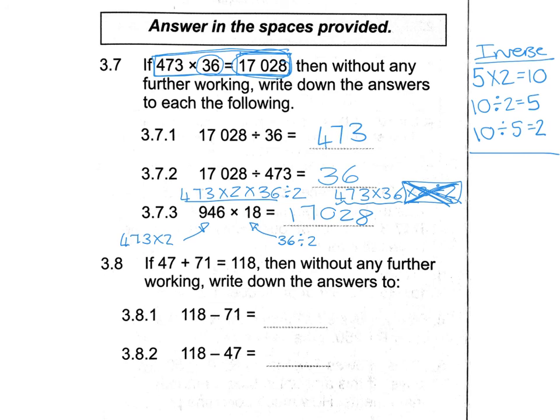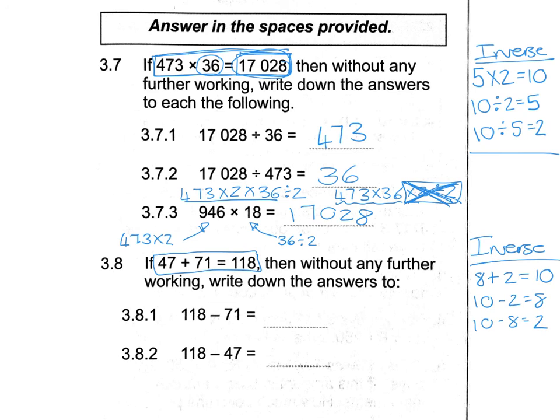Okay, let's look at inverse with our addition and subtraction. Again, no working out, guys. All you have to do is look at this fact family, and I'll do a quick reminder of inverse when it comes to plus and minus, but I'll use easier examples. So if we say 8 plus 2 equals 10, for example, then you guys know very easily 10 minus 2 will be 8, or 10 minus 8 will be 2, right?